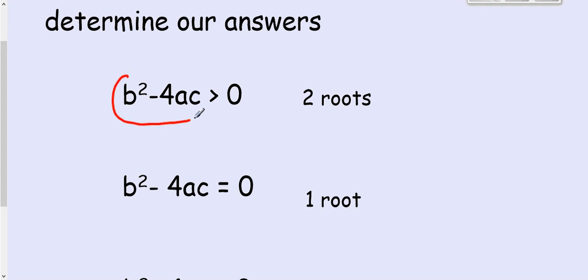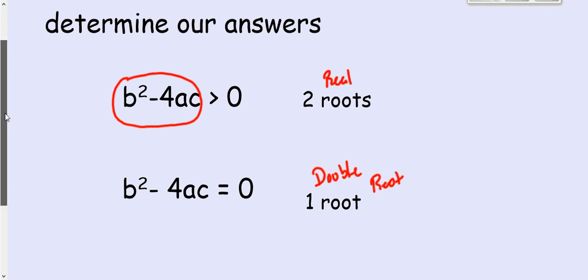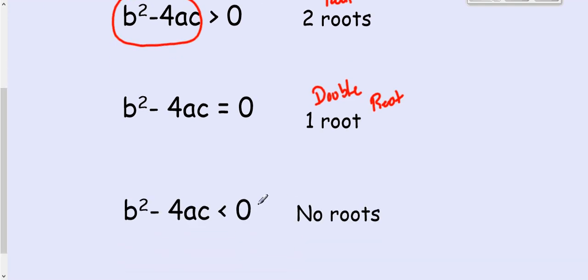So the discriminant, if we take this expression and our answer ends up being greater than 0, we have two real roots. If this ends up being 0, we have one root, or we should call it the double root. And if it happens to be less than 0 or negative, there are no real roots.